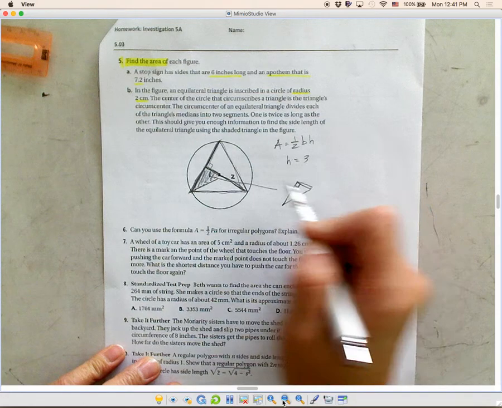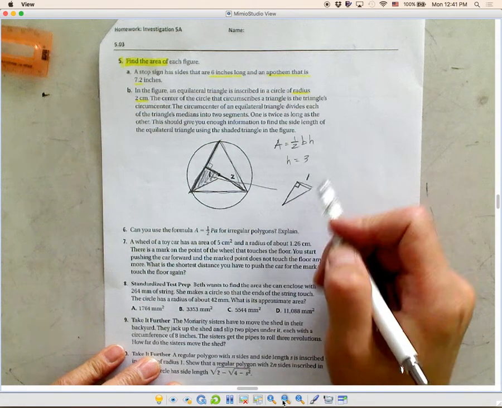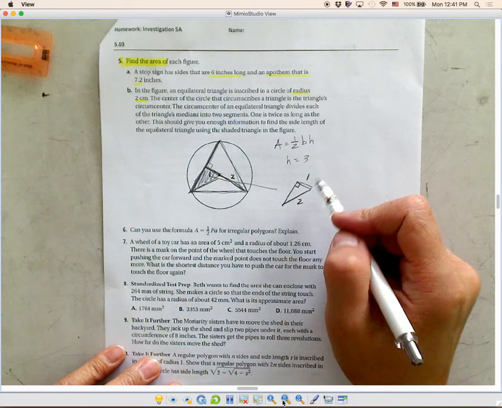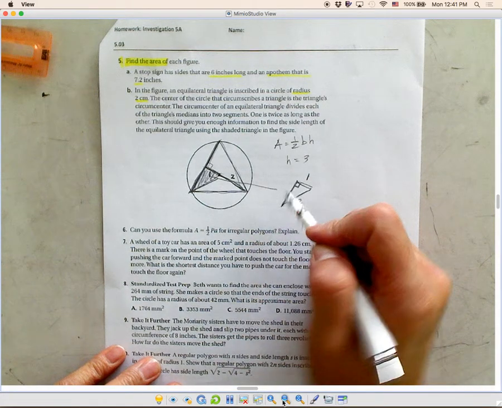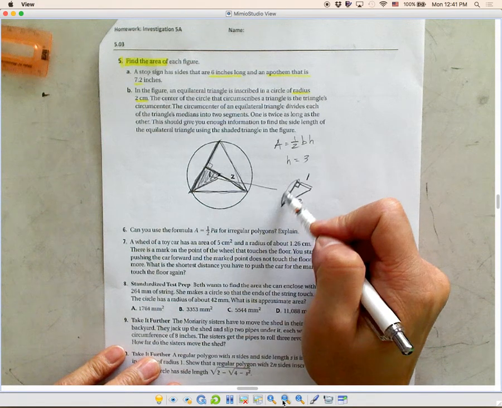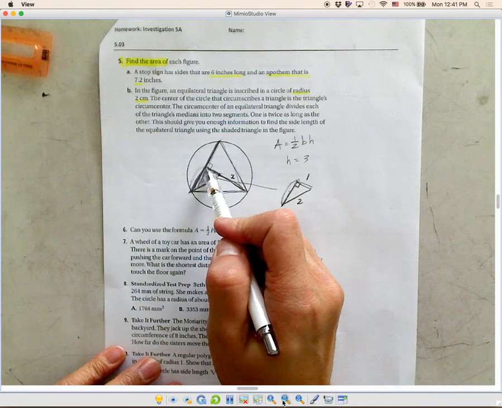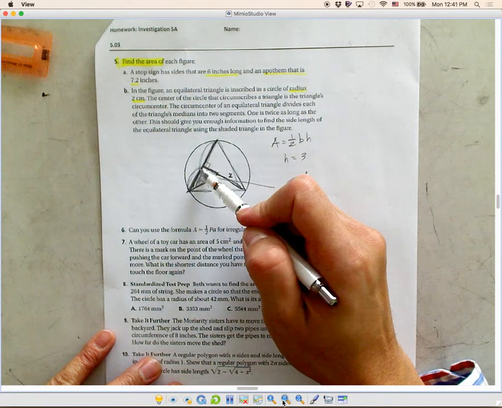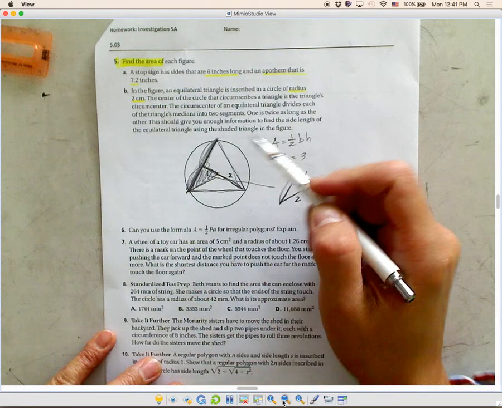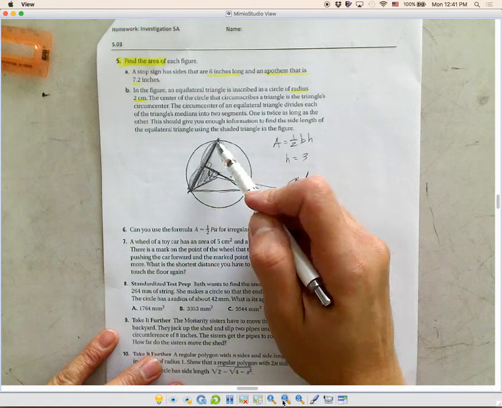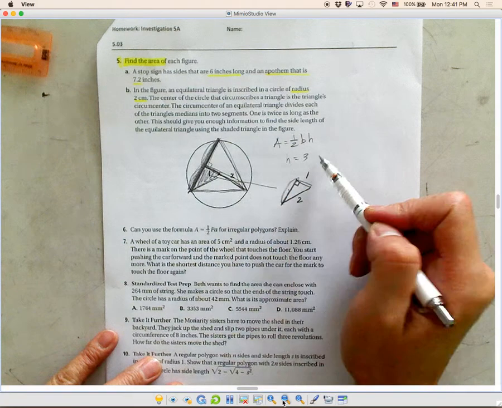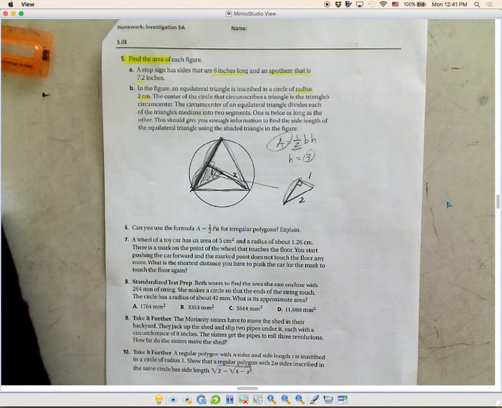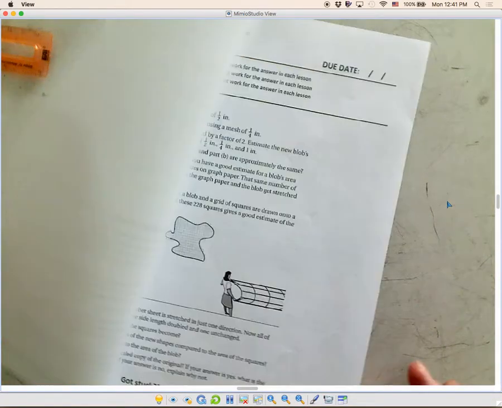The shorter side right here is 1, and the longer side is 2. By using the Pythagorean theorem, you can find the length from here to here. Once you find that, double it, because you have two of them. That's going to be the base of this triangle. Then multiply the base by the height, which is 3, and make it a half. That's going to give you the answer. And that's it.